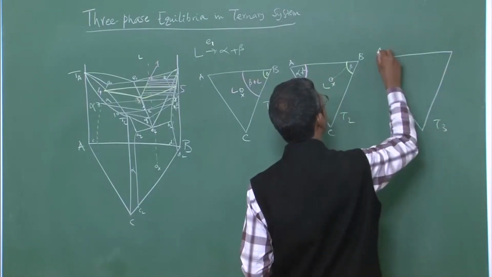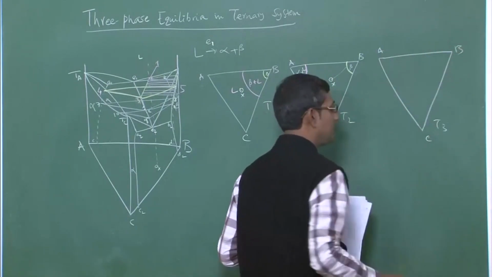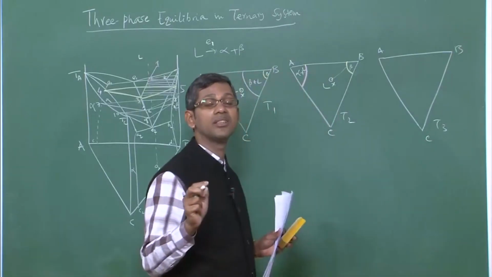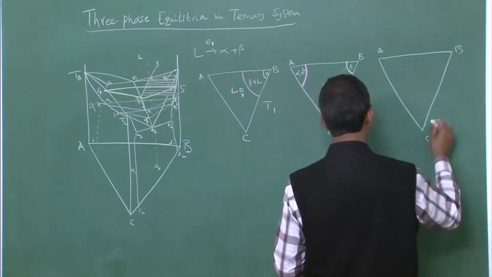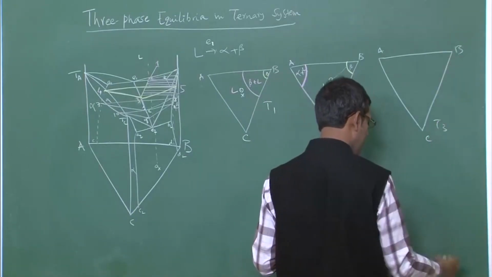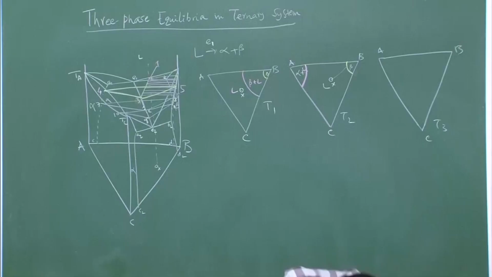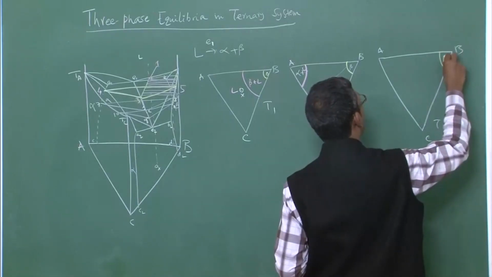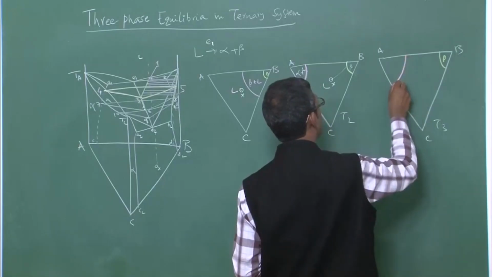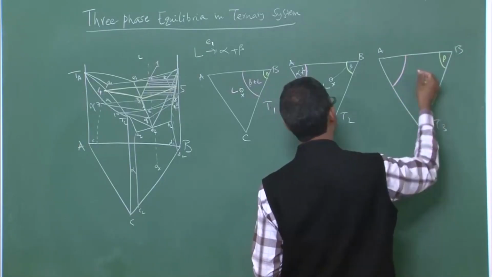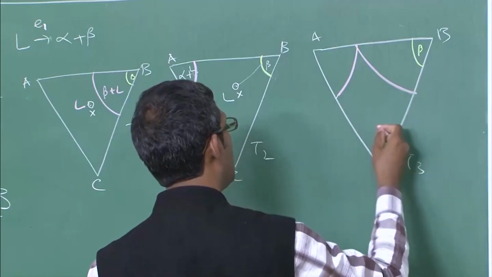At T3 what is happening? You have to go back to the isothermal sections which I have drawn. At T3 this is very nice, very clearly you can see this is my beta, and then you have two regions, alpha plus liquid and beta plus liquid, and liquid.